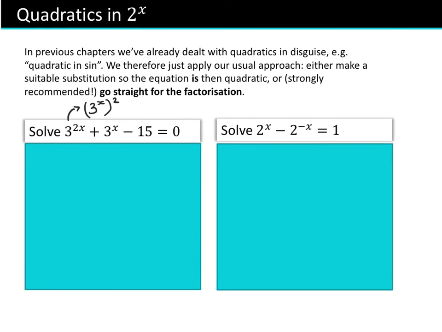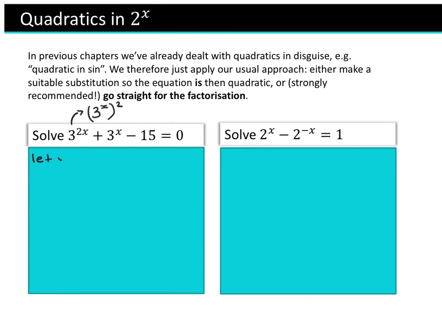If you wanted to, you could say, let y equal 3 to the power of x, okay? We know that this is 3 to the power of x all squared plus 3 to the power of x minus 15 equals 0. This is going to give us y squared plus y minus 15 equals 0. Now, this doesn't look like a very nice question.